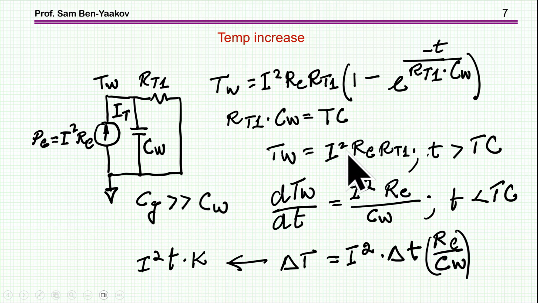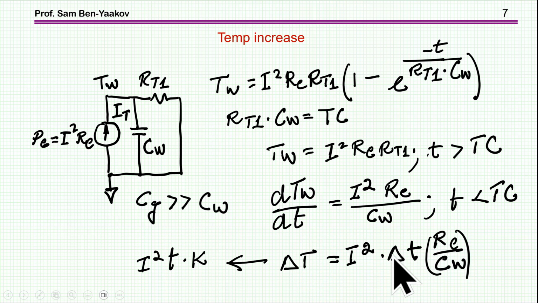On the other hand, when the time is shorter than the time constant, we can look at the derivative, that is the rate of rise, which is approximately a straight line. And what we find is that the temperature rise is a function of I squared, the elapsed time delta t, and a constant, which turns out to be Re over Cw.